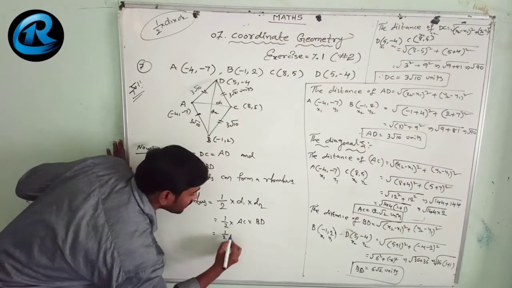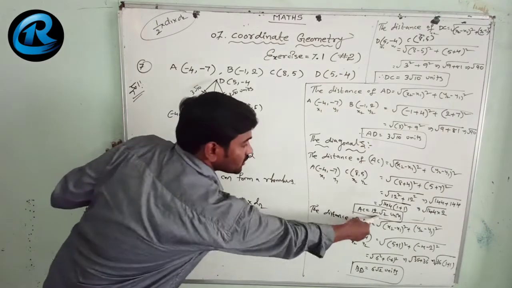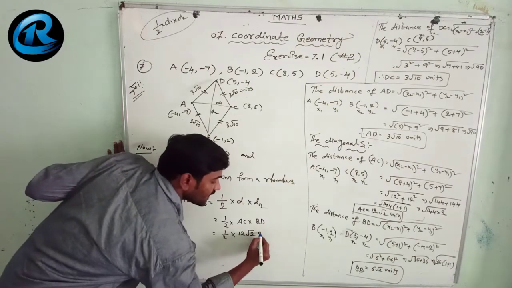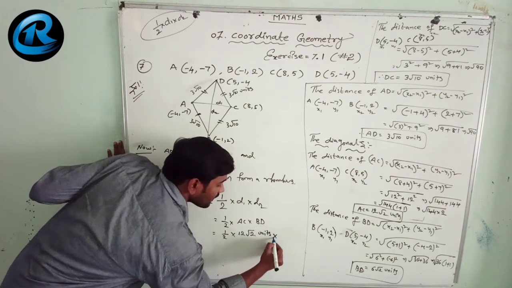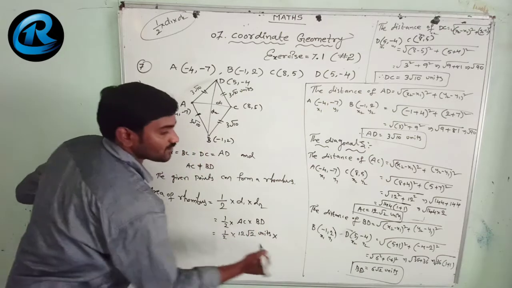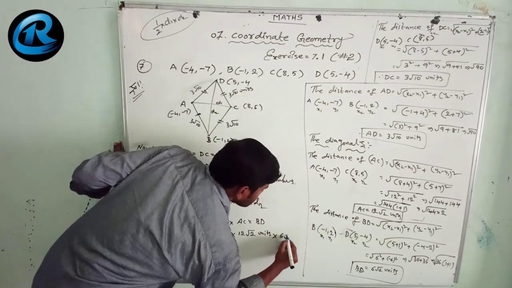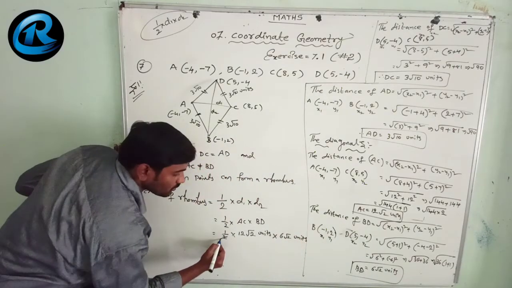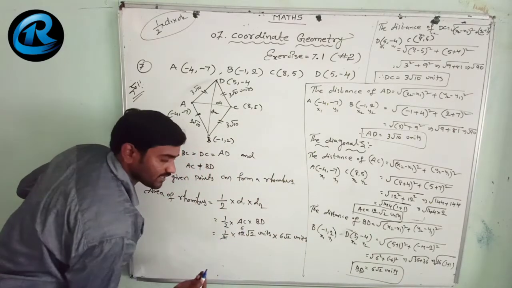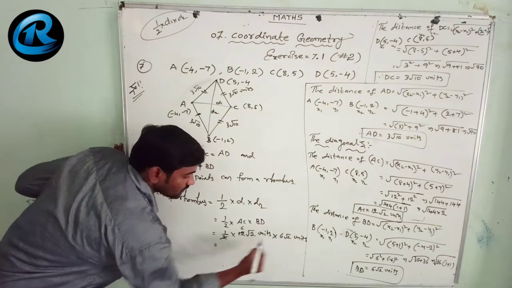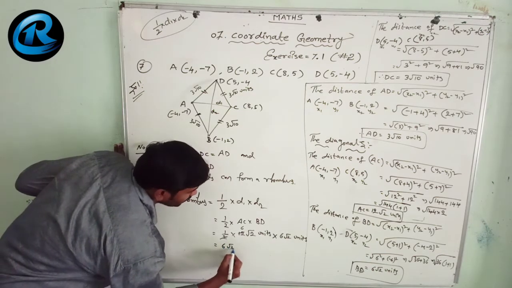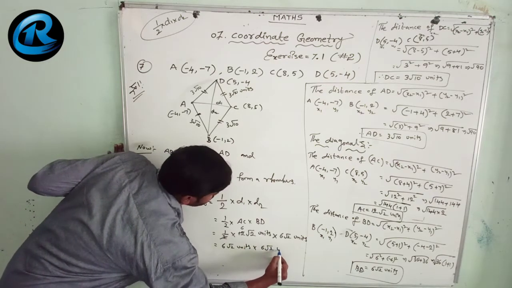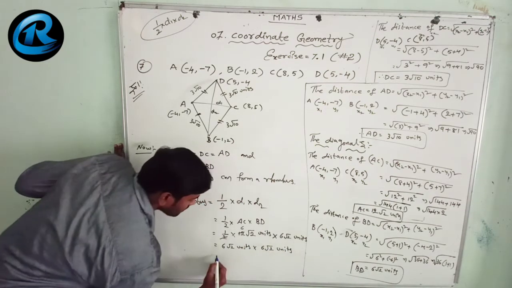So 1/2 into AC value, which is 12 root 2 units, into the BD value we got, 6 root 2 units. 2 ones are 2, 6 are finished. 6 root 2 units into 6 root 2 units.